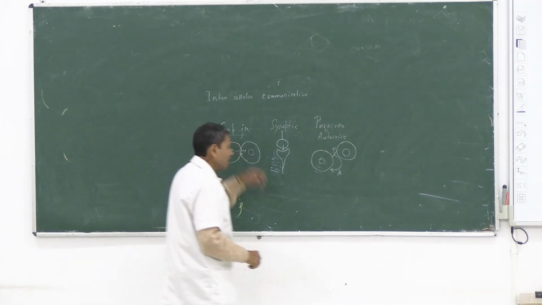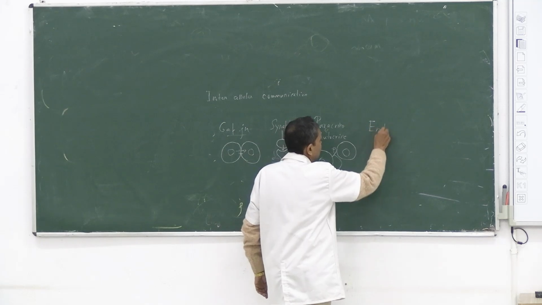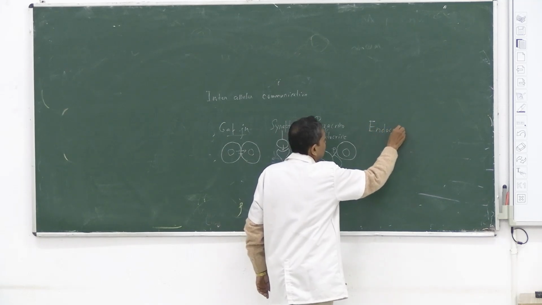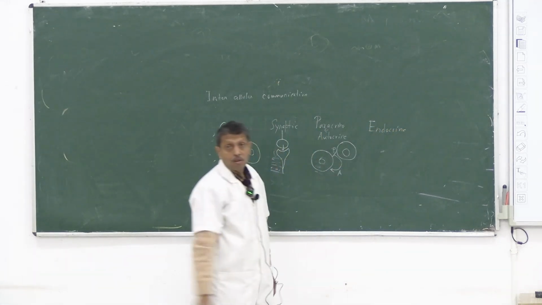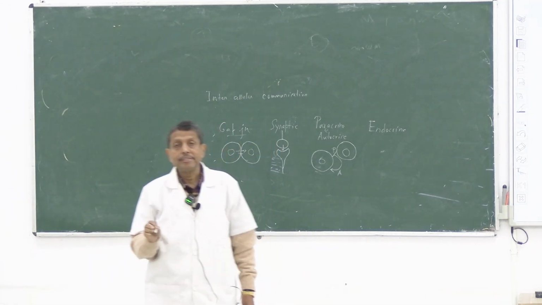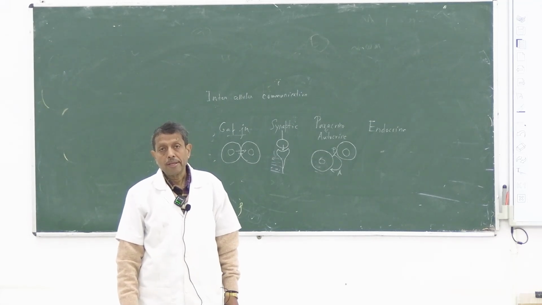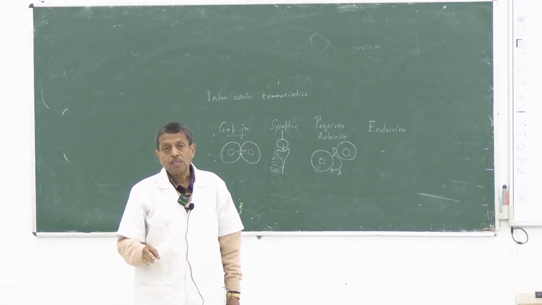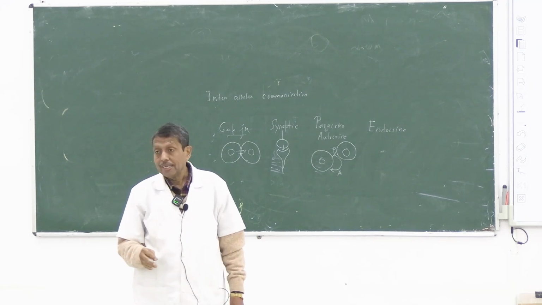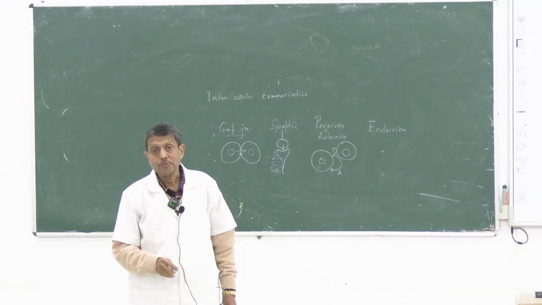And one important thing is the endocrine communication. Hormones secreted from cells of an organ come into the circulation and are carried by the blood to have effect on selected target cells. Endocrine communication.